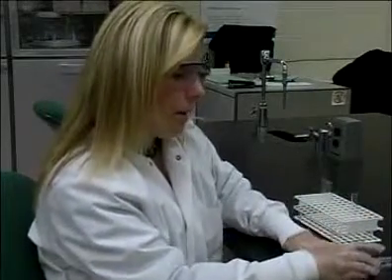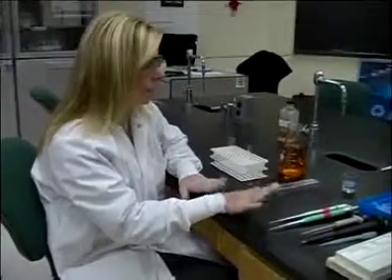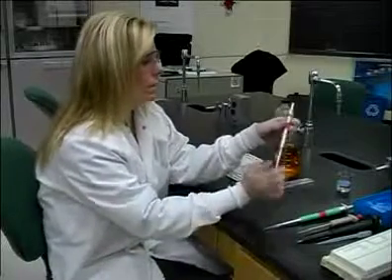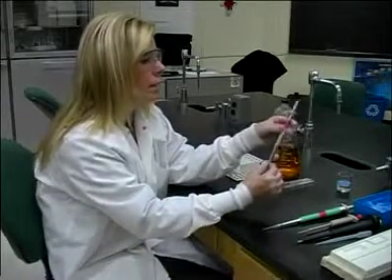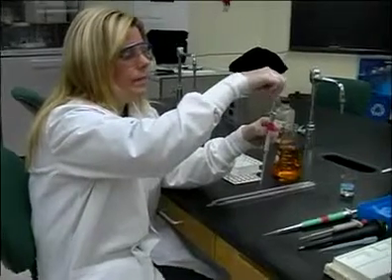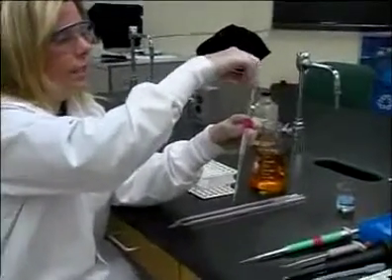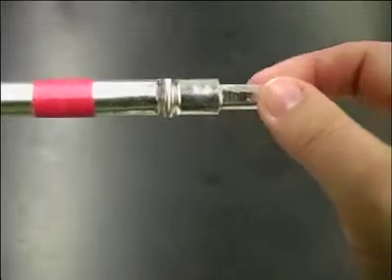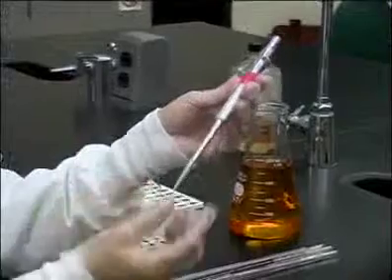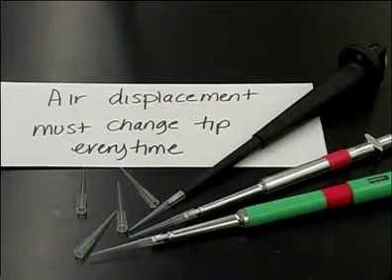Another type of pipette that is commonly used is what we call a micropipette, and that's used to deliver small volumes. We have this silver pipette, and just by twisting the top, I can dispense 50, 100, and 200 microliters. It comes with these disposable tips.